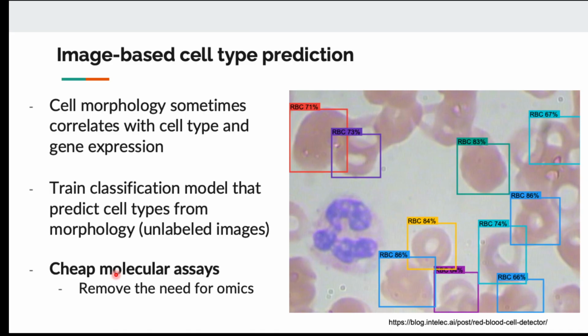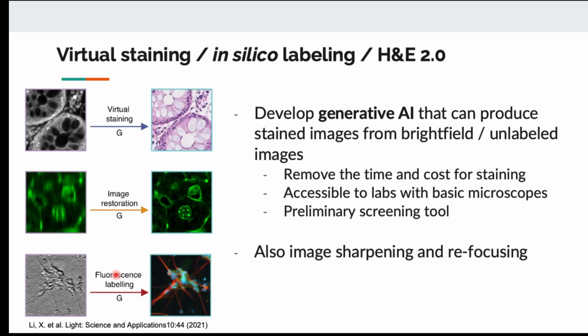So taking this a step further, we not only want to classify the cell type, but we also wonder if we take an unlabeled image, the black and white image, can we train a model that predicts the staining? Can we predict if certain protein will be expressed somewhere in this cell?